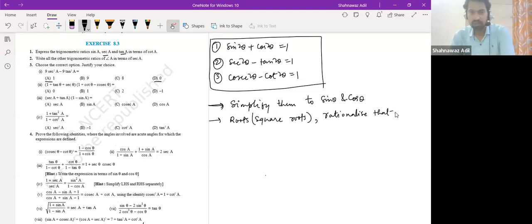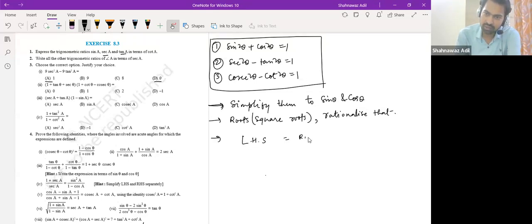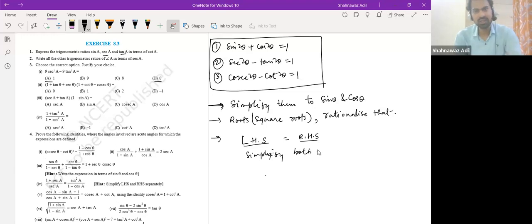And whenever you have both LHS and RHS, these are complicated or complex terms, so simplify them both. Other than that, it would be okay.